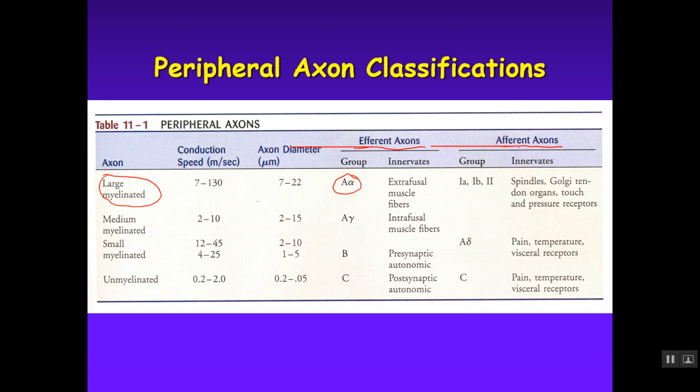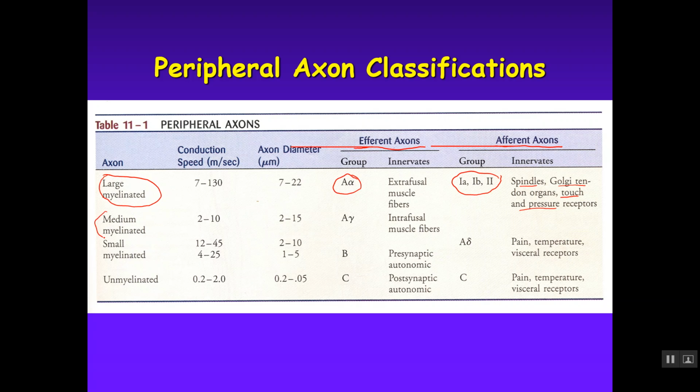And if it's an afferent axon, a sensory axon coming in, and it's a large myelinated type of fiber, it's going to probably fall under a 1A, 1B, or 2 classification. That's coming from muscle spindles, Golgi tendon organs, some of our specialized touch and Pacinian corpuscles and Merkel's discs and those kinds of things. Those tend to be some of those 1A and 1Bs and 2s.